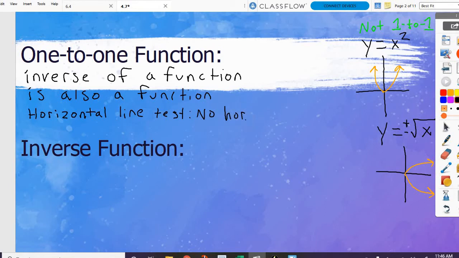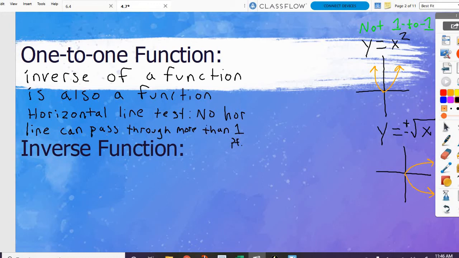So a horizontal line can't pass through more than one point. Now with me? So let's think back to this graph.